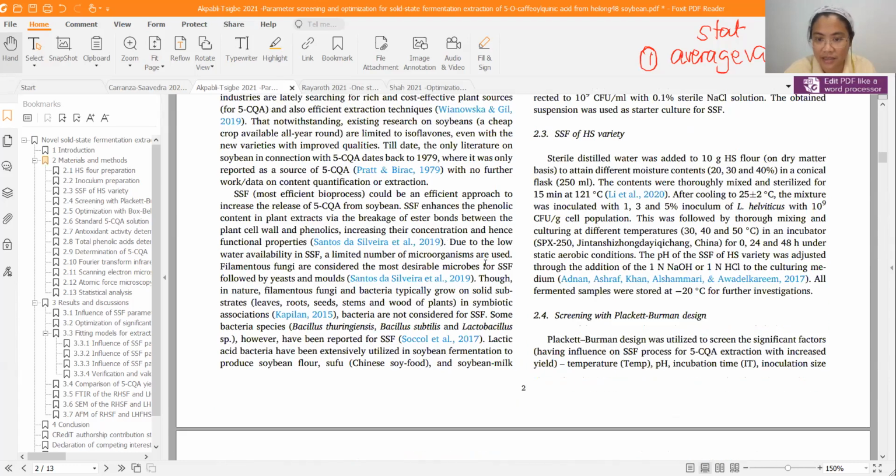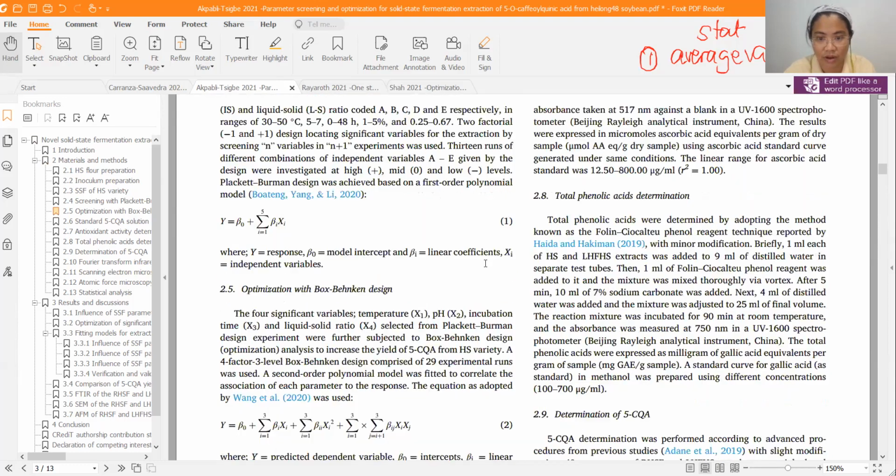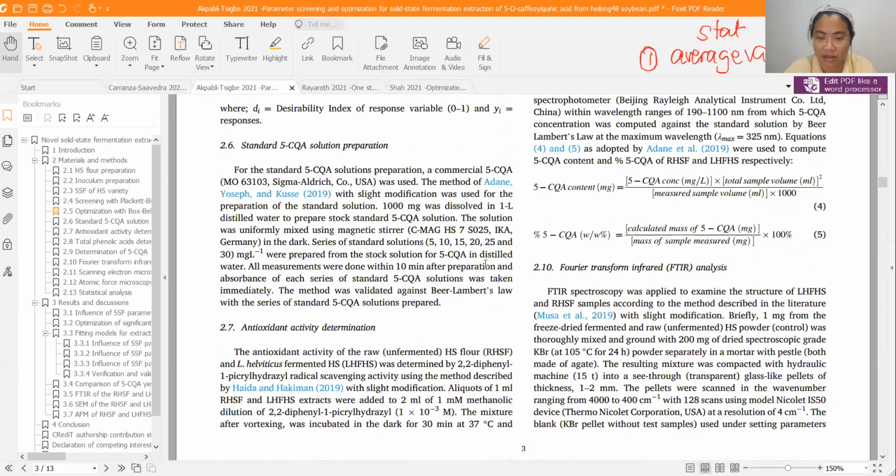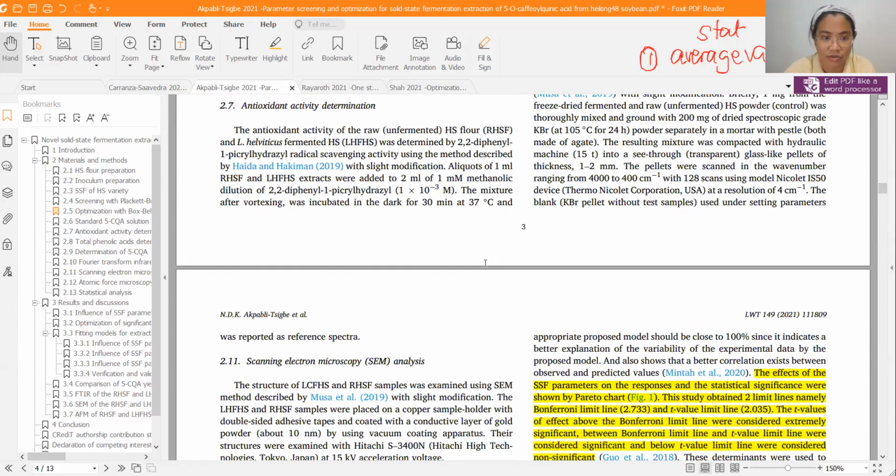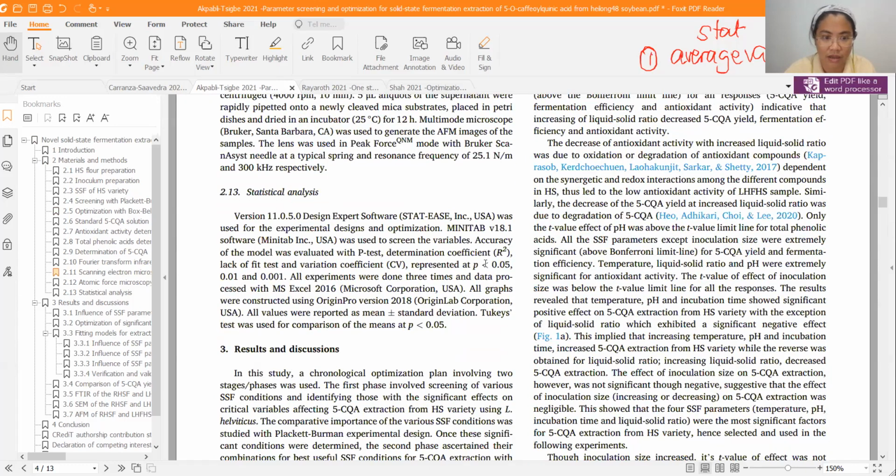In that case, we scroll down and see whether they use, okay, they have a statistical analysis. They use Design Expert software for experimental design optimization. They use Minitab for screening variables. Accuracy of the model evaluated with p-test.